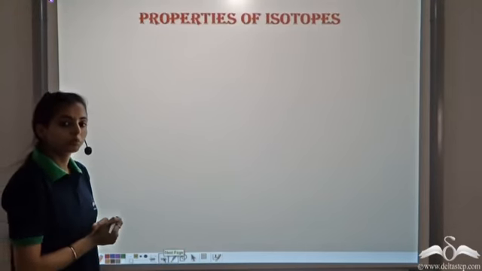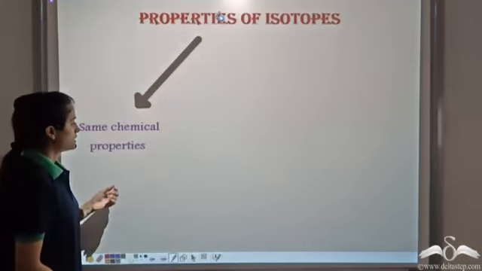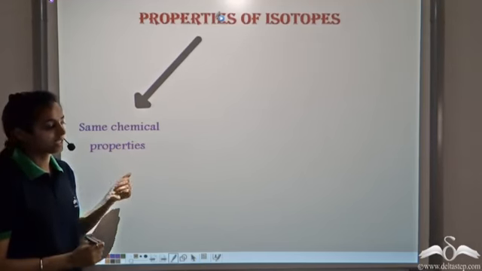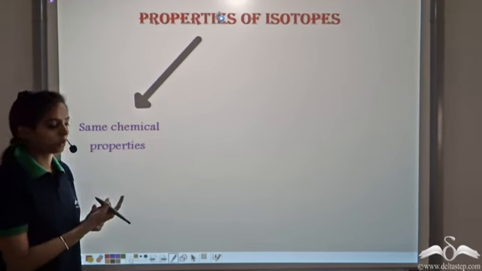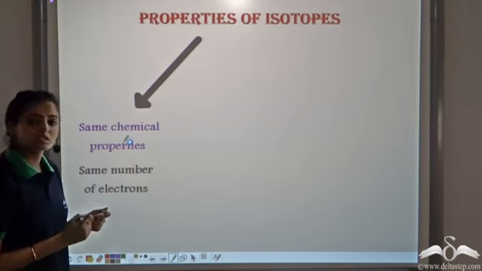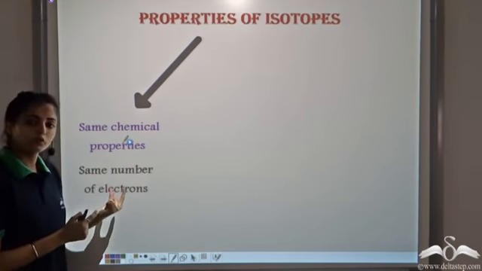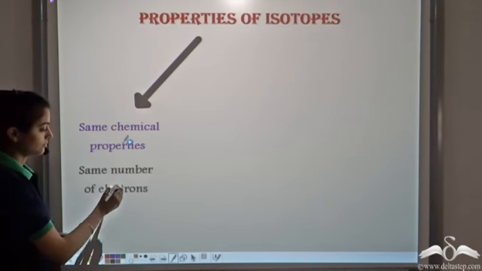Let's look at some of the properties of these isotopes. The chemical properties of these isotopes are the same. We know that the chemical properties depend on the number of electrons. The electrons participate in the chemical reaction. Since the isotopes have the same number of electrons, they have the same chemical properties.